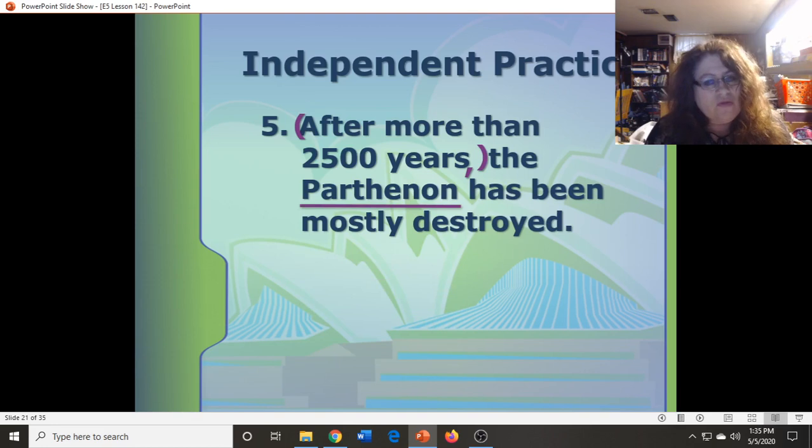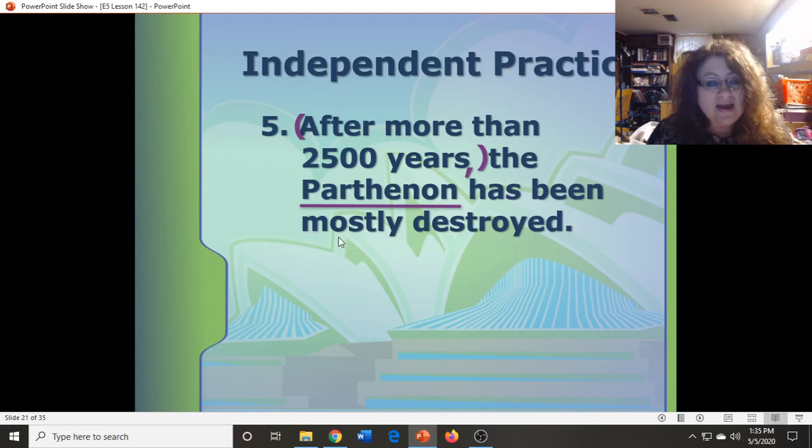Now, for this verb phrase, we have one of those pesky adverbs. Adverbs can be found everywhere, and adverbs can be very confusing because they like to butt right into the middle of the verb phrase, and it's doing that here. Has been mostly destroyed. So mostly is the adverb.